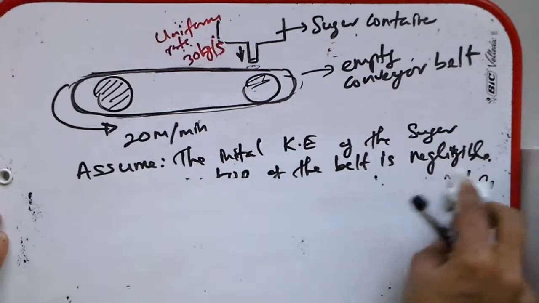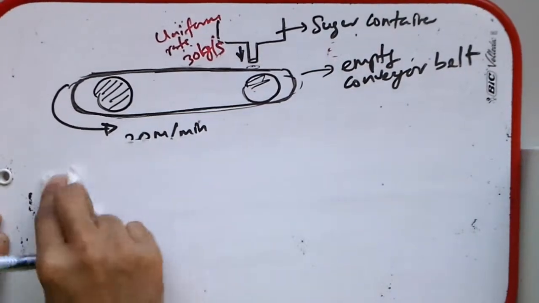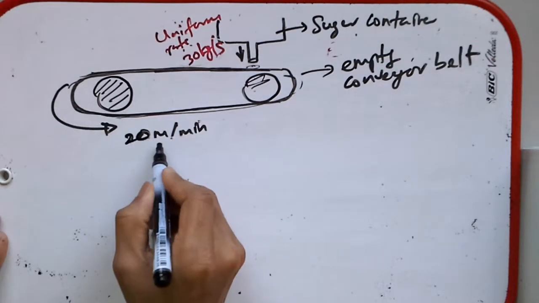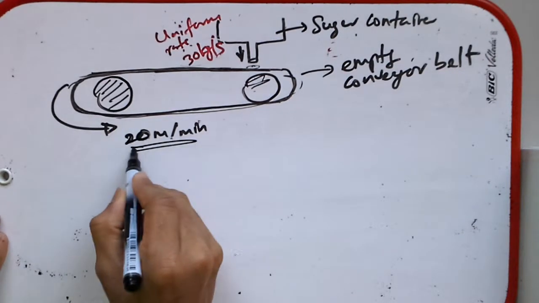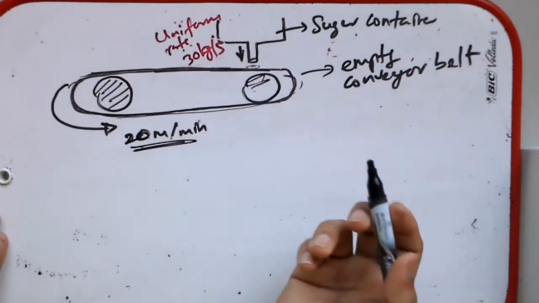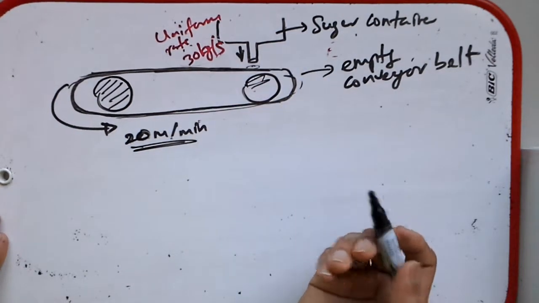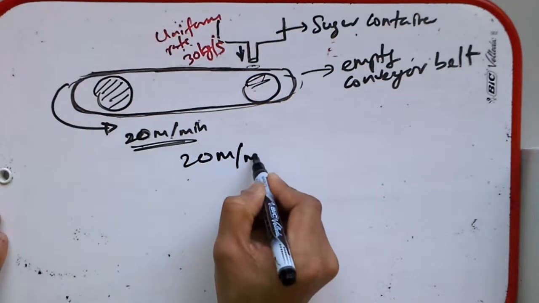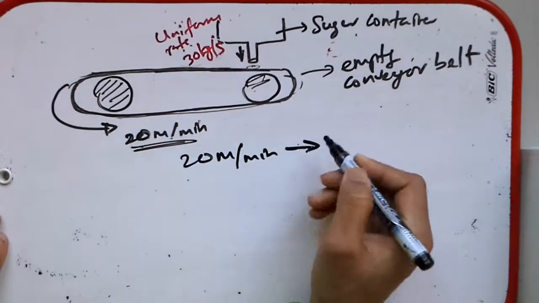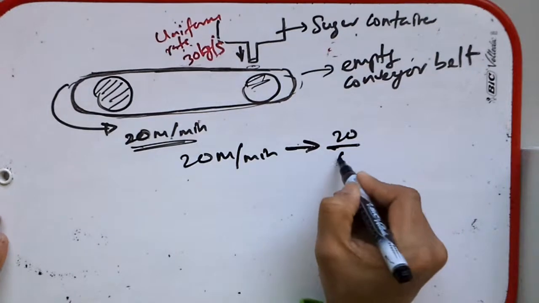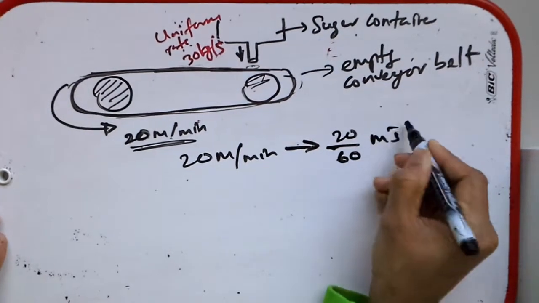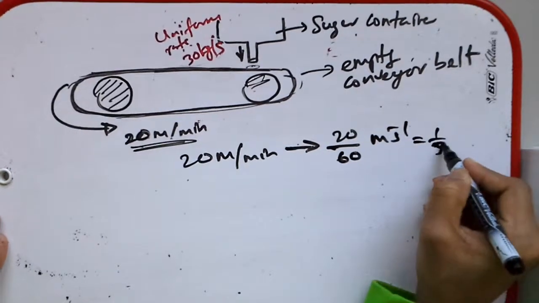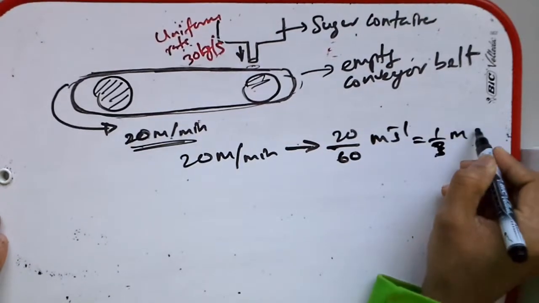So this is 20. Let me convert this into meter per second, because that is our SI unit. How do you convert minute into meter per second? 20 divided by 60, meaning 1 by 3, so 1/3 meter per second.